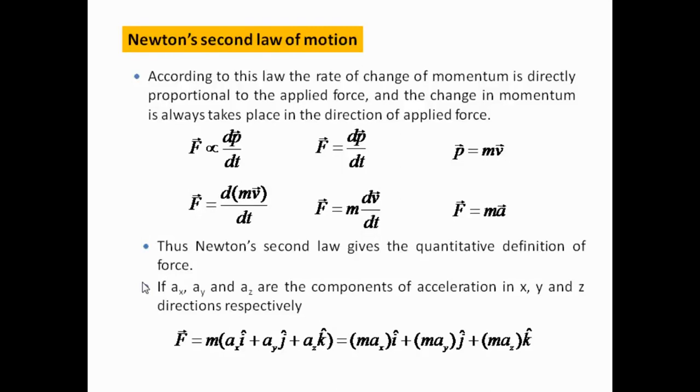If m ax equals Fx, m ay equals Fy, and m az equals Fz, where Fx, Fy and Fz are the components of force along the x, y and z directions respectively, then F is equal to Fx i cap plus Fy j cap plus Fz k cap.